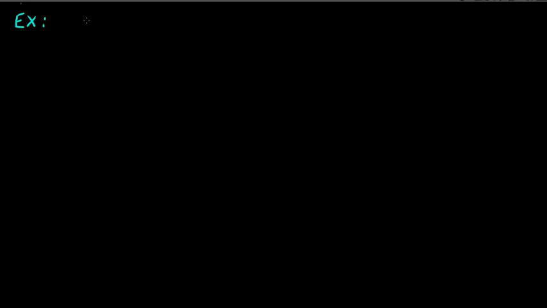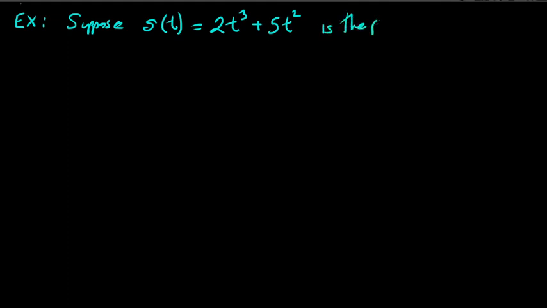So here's an example. Suppose that s of t is equal to 2t cubed plus 5 times t squared. This is the position of some object, you could say some particle, at time t.